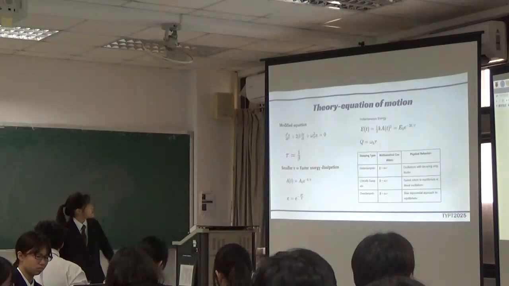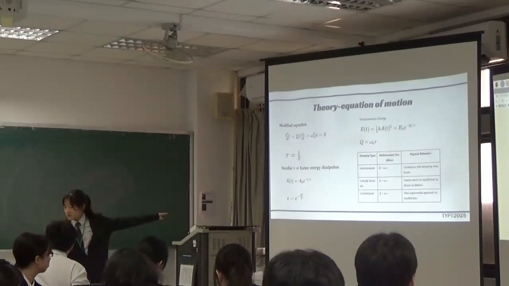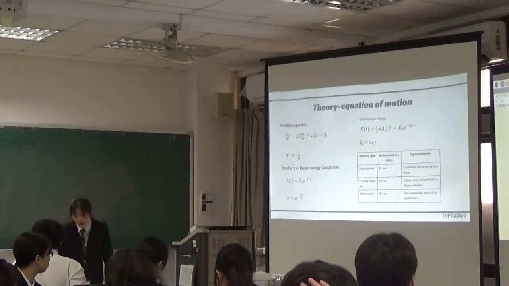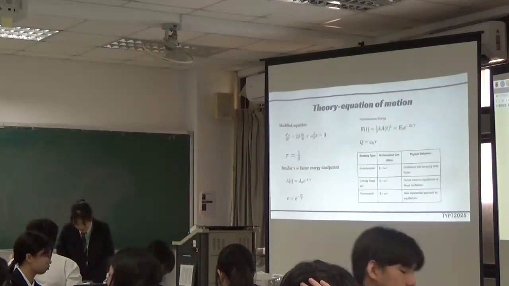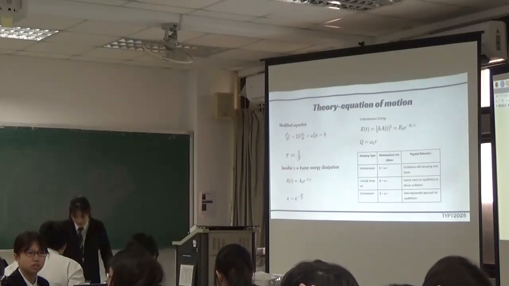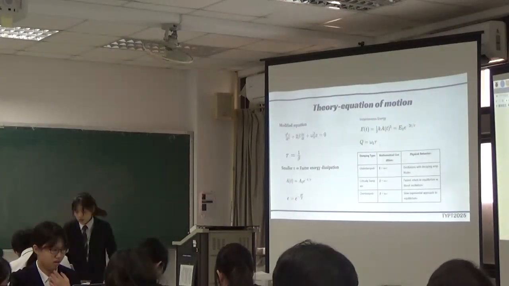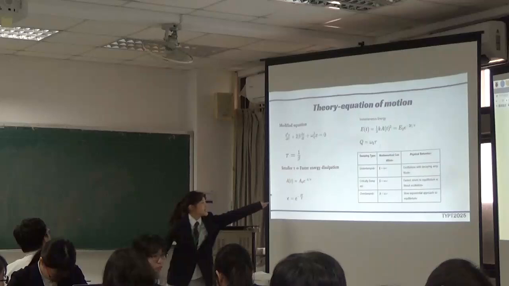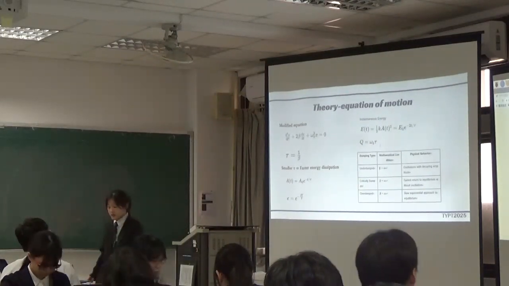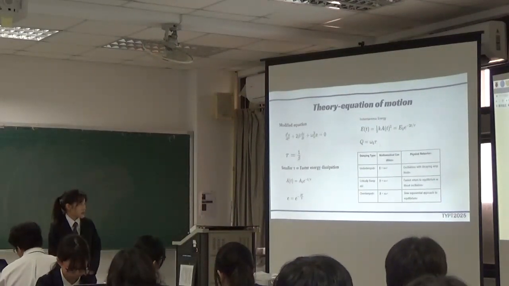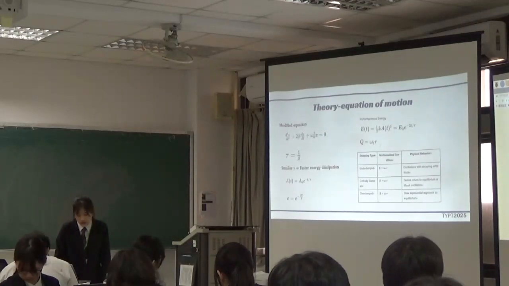And this one is the amplitude decay, and that one is the relationship of the COR and beta.